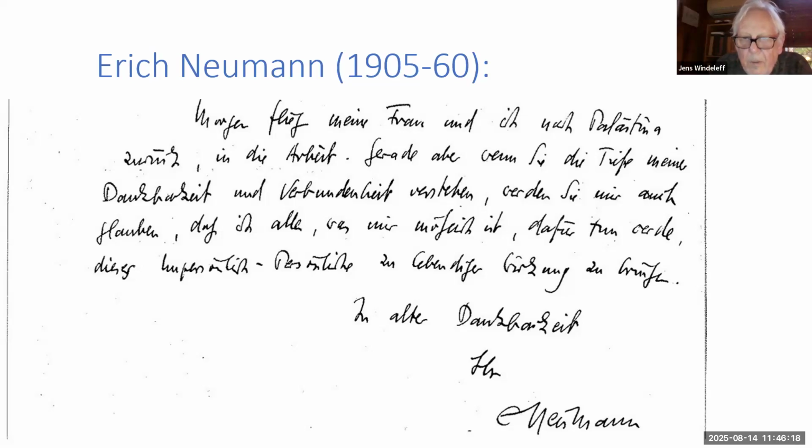But the context for Neumann was that he was very influenced by the Nazi aggression against the Jews. In fact, Neumann had to flee from Berlin in 1933, I think, after the Gestapo was very violent to his father.